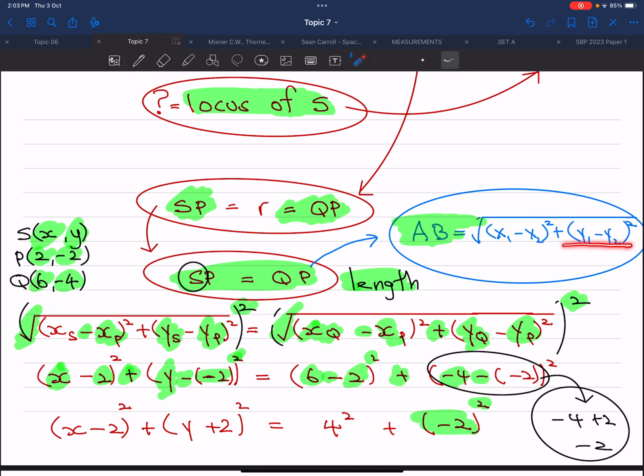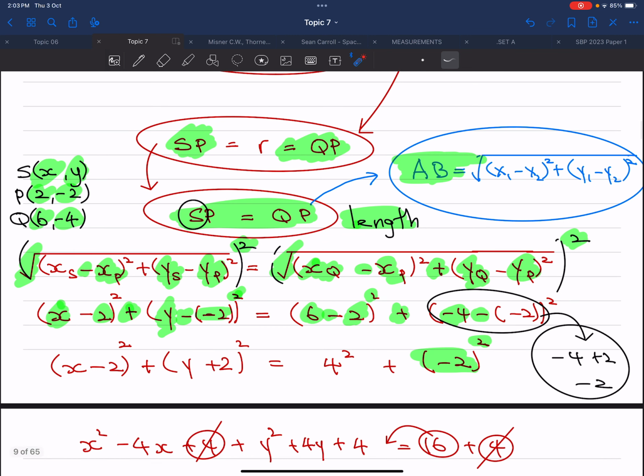So for the length SP, square root of coordinate S minus coordinate P. You always start from the coordinate of the moving point, the S. So this is XS minus XP bracket square plus YS minus YP bracket square.